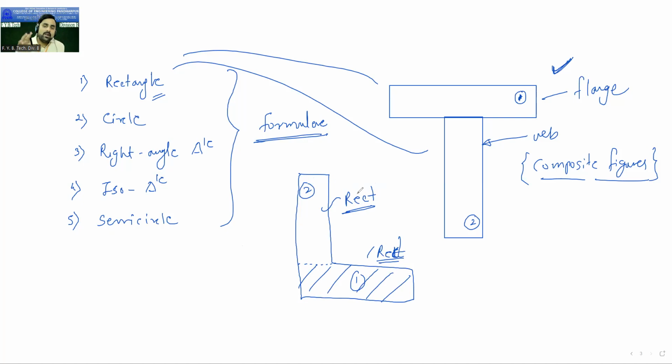But the crux of this discussion is that even if you know only these 5 formulas, by using them you can calculate the centroid of any figure given to you. Okay, is it clear?